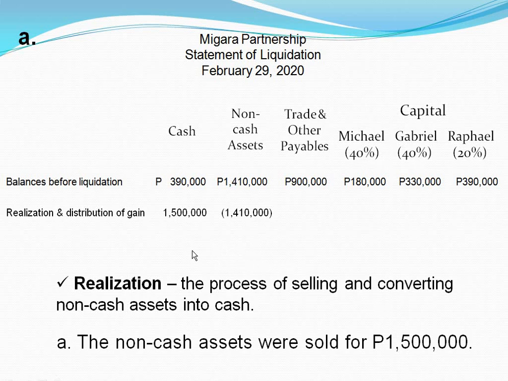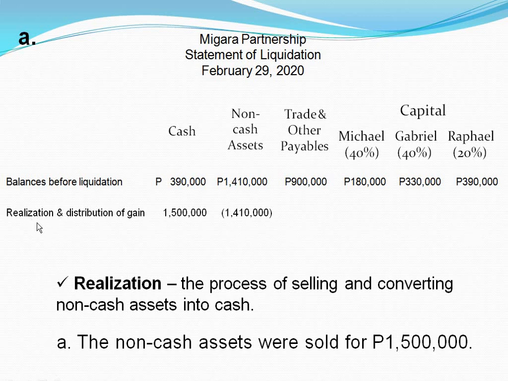So far, for this row, total assets amount to 90,000, right? That is 1,500,000 minus 1,410,000. But the total liabilities and equity, we have nothing yet. That means we are not done yet with this row.